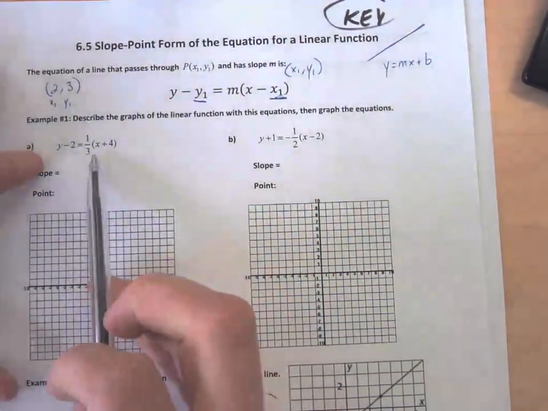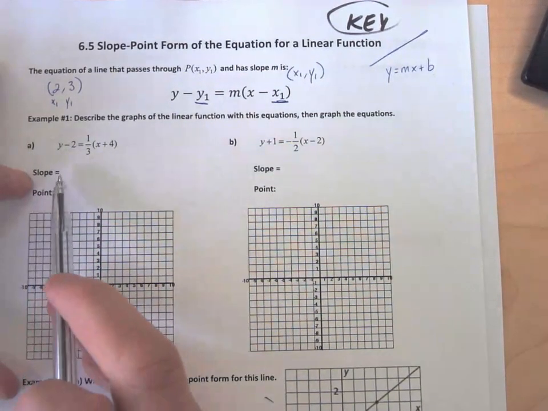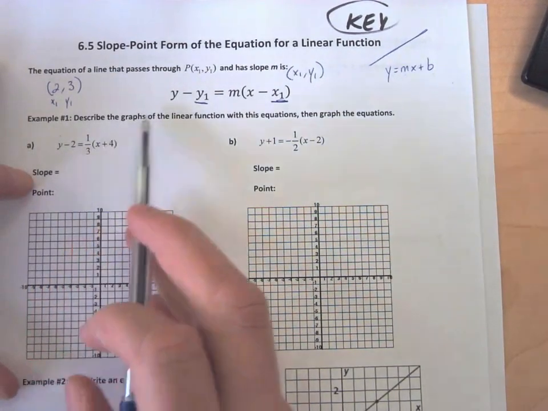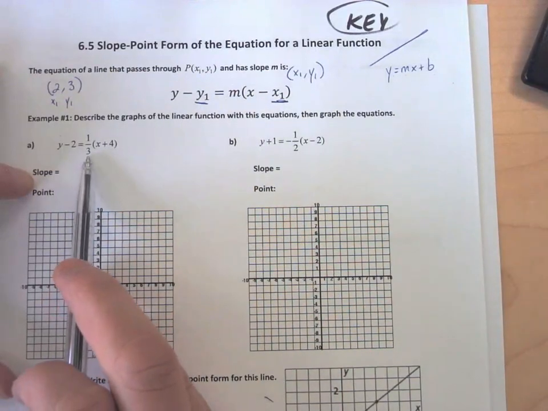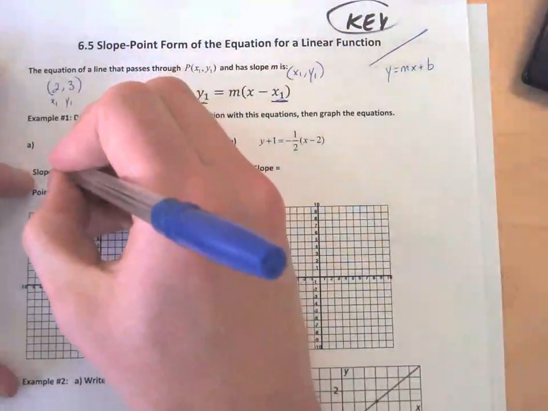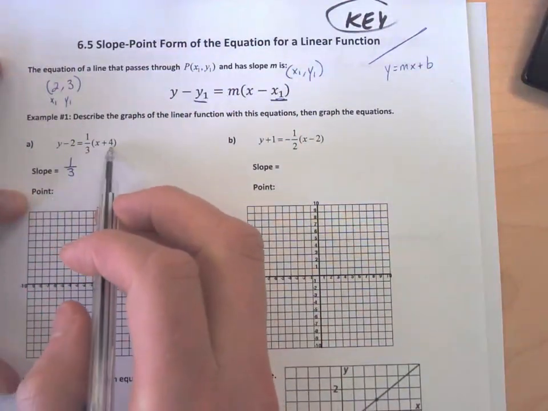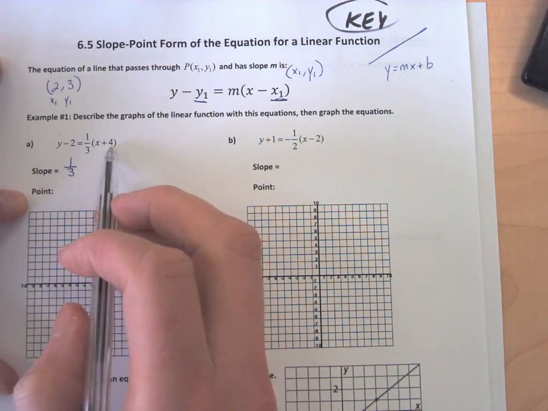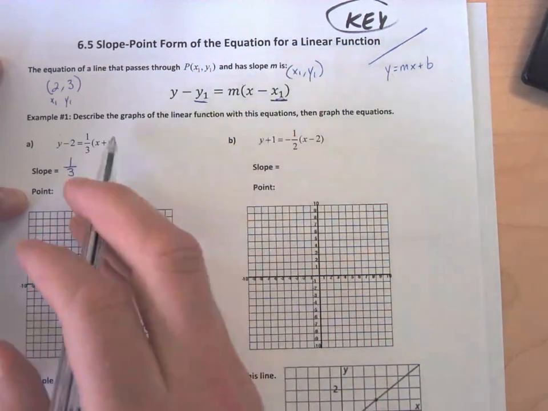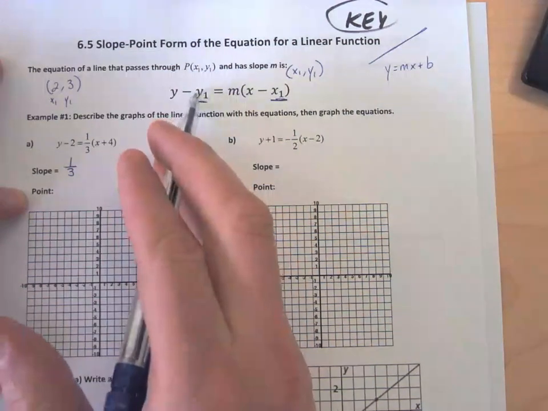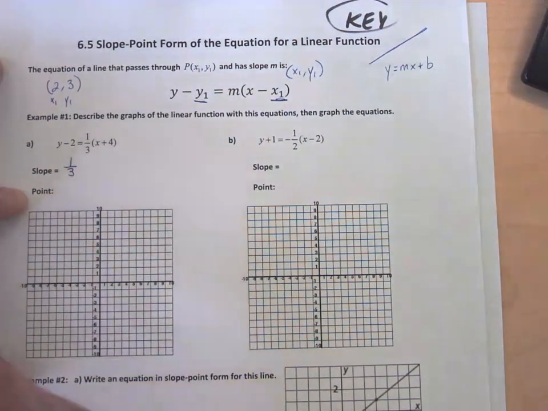Okay, so they give us an equation here, and we have to figure it out. The first point is our slope. If we look at our equation here, m is the one outside the bracket, so 1 over 3 is the m value. Our point here is, let's see, x plus 4, y plus 2. So this is the hard point here.